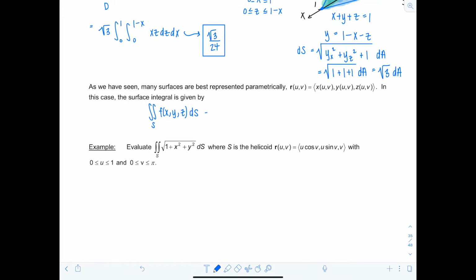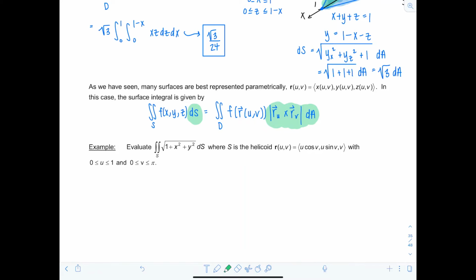And then if you'll remember from the previous lesson, we'd have the double integral over D of f of r of u, v, right? So I have to redefine my function in terms of u and v, no more x, y, z. And then dS is equal to the magnitude of the partial of r, our vector valued function, with respect to u, crossed with the partial with respect to v, dA. So that's dS for a parametrically defined surface.